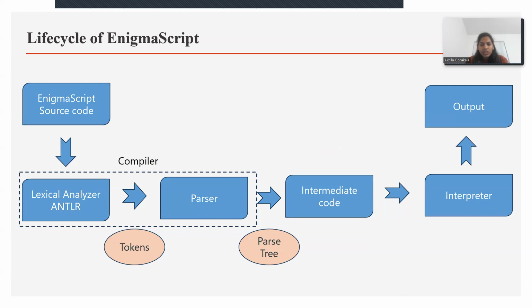From here, the code is translated into an intermediate form, a universal coding language ready for the interpreter. The interpreter then executes this code, resulting in a final output. This end-to-end process showcases the efficiency and synergy of EnigmaScript's design, transforming the written code into actionable results.